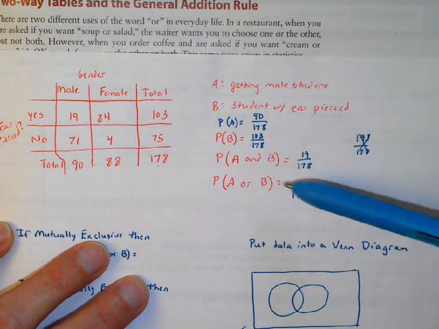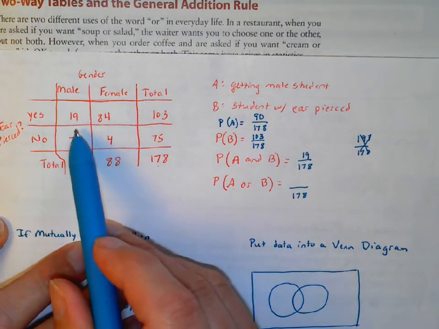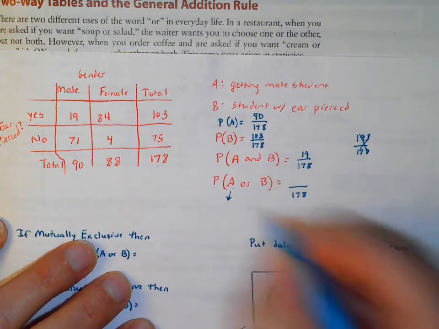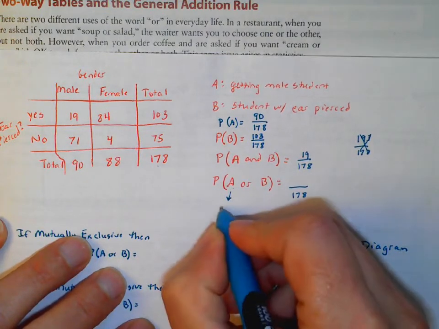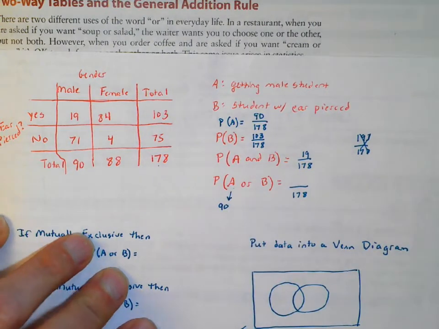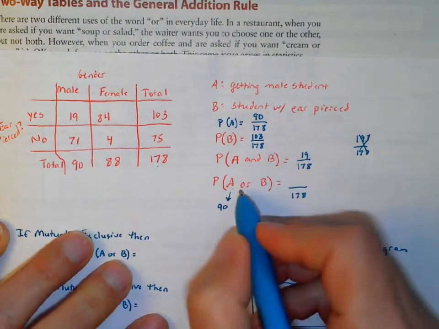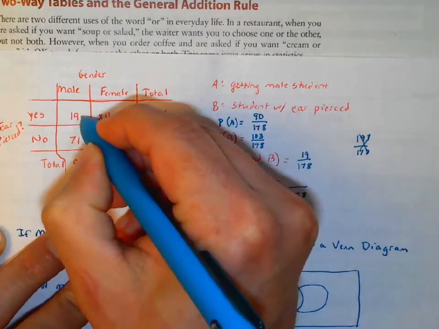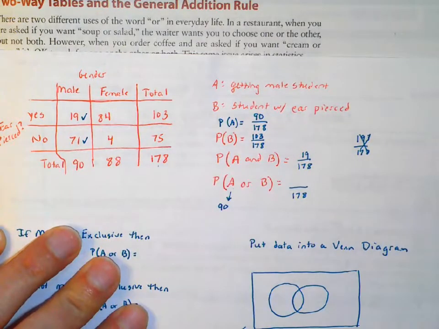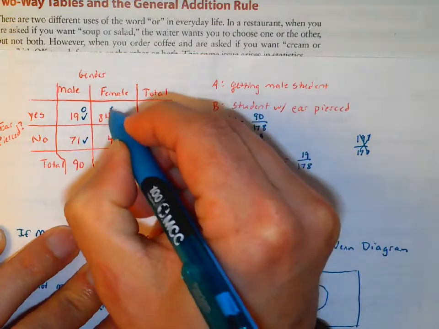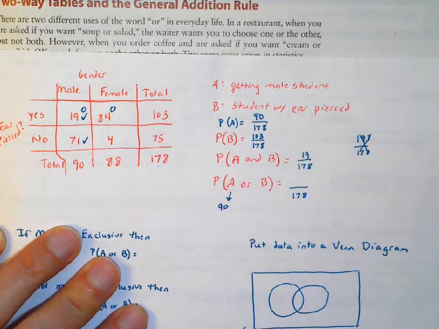So what's happened here? Well, we've overcounted some people, right? Probability of A, A would be 90 people. A or B: if they're A, they're male students, so we would use these people. And if they're B, their ears pierced, we use those people.